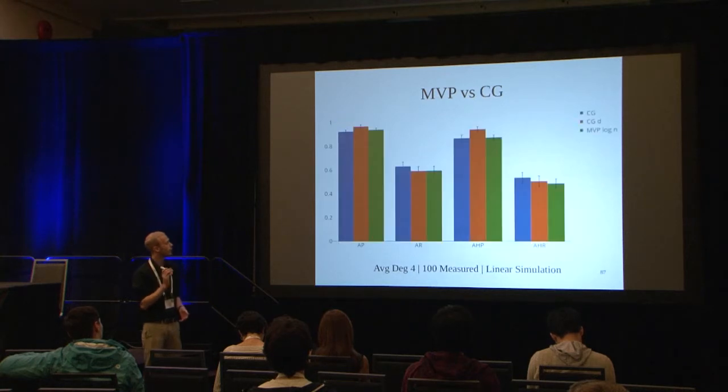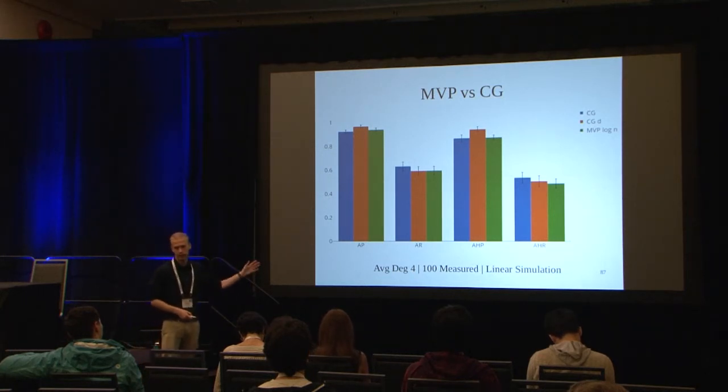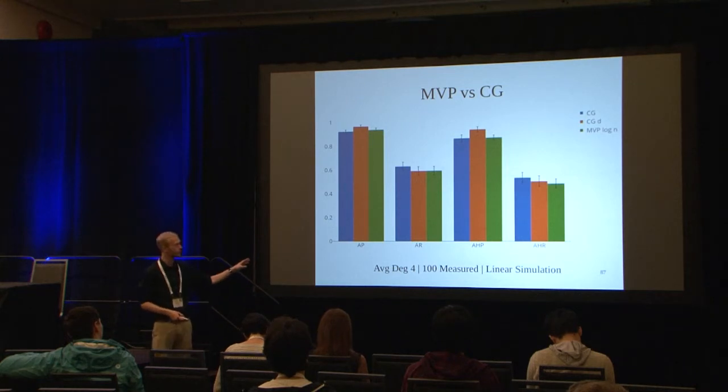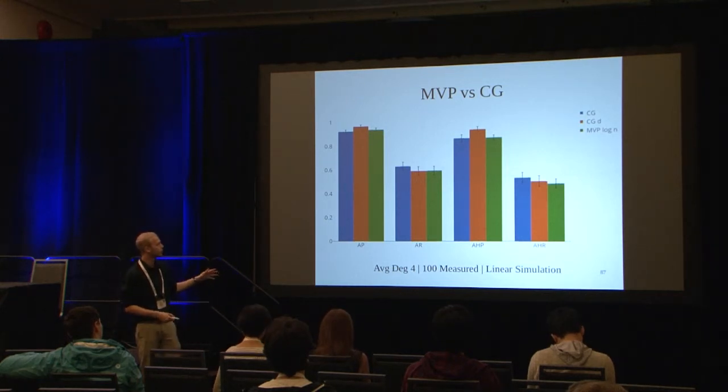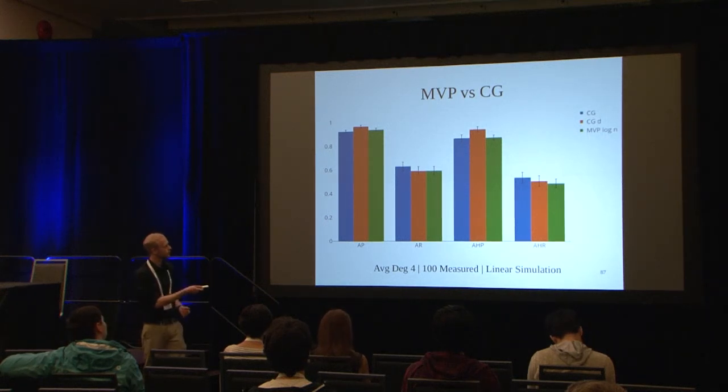So going forward, I compared MVP with the conditional Gaussian score. And here, this is actually the same simulation, same data that was simulated for the first result. So you could compare the logistic regression to CG here as well.